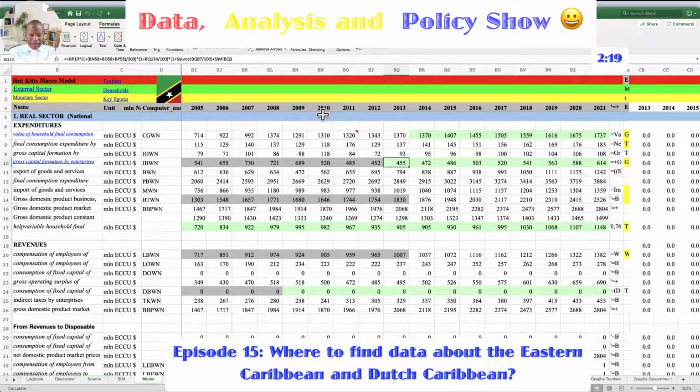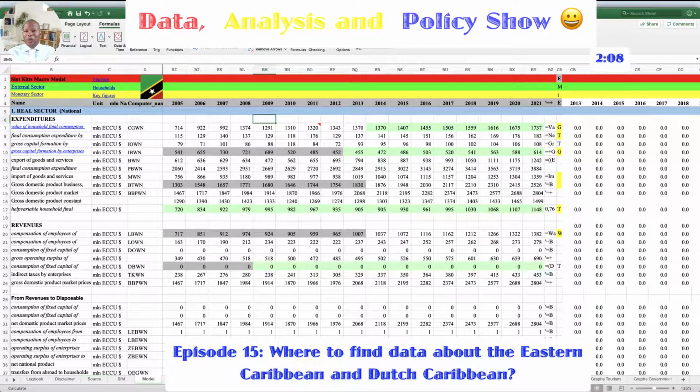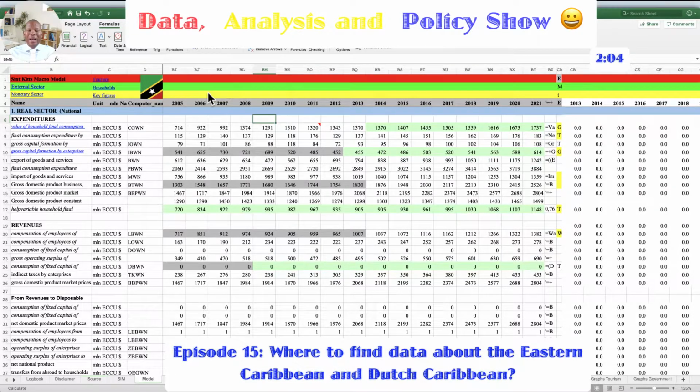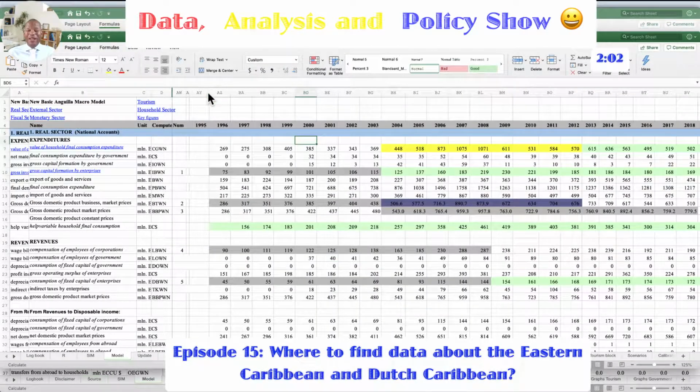This is the investment. If we want to look at the investment, we are done with St. Kitts and Nevis, but we want to look at another indicator, and we want to move further, and we go to Anguilla. I love the people from Anguilla. Anguilla is a beautiful place. I heard a lot of wealthy people are going there on vacation.